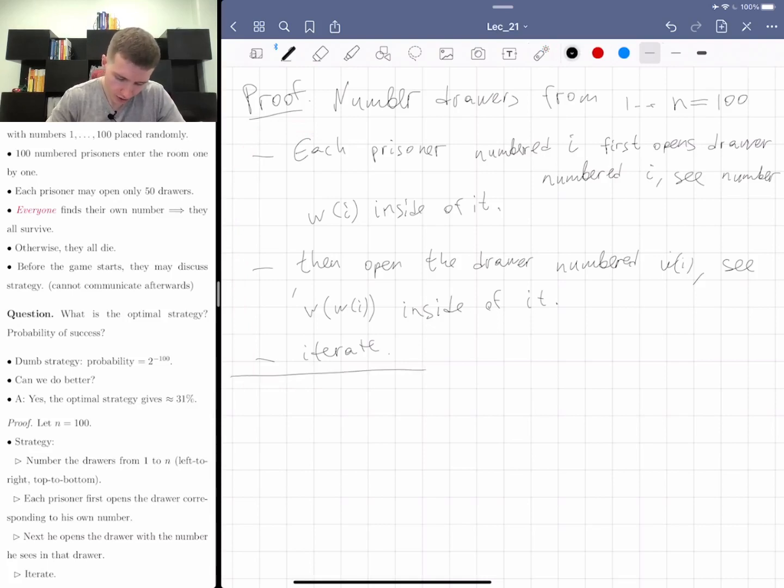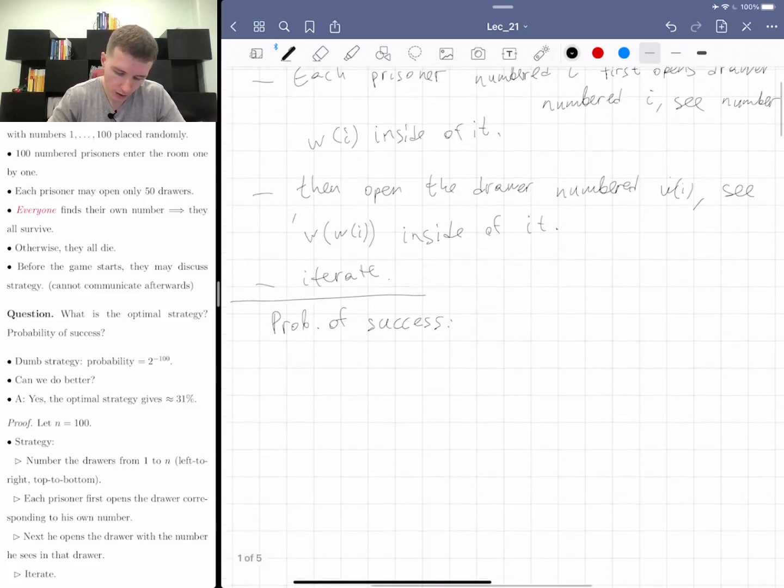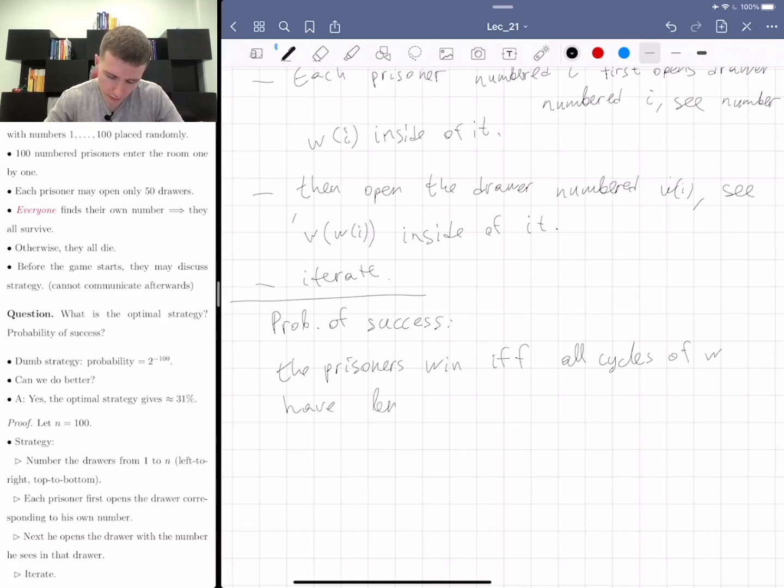What is the probability of success? Let's see. The prisoners win if and only if all cycles of W have length at most 50.